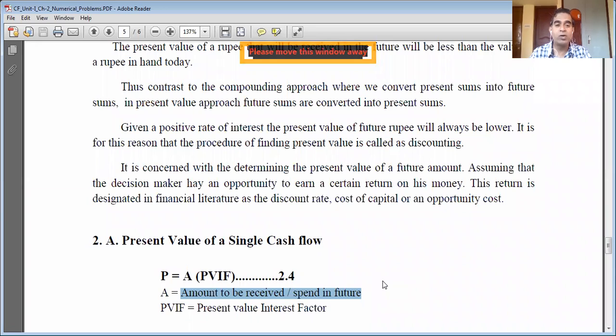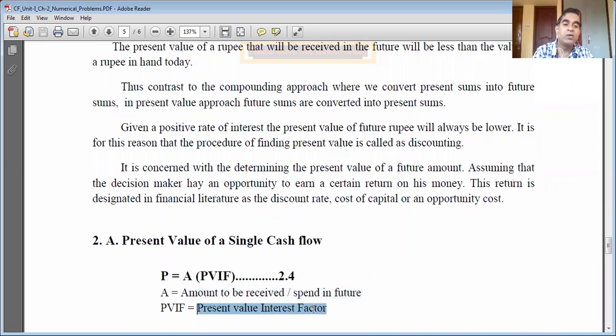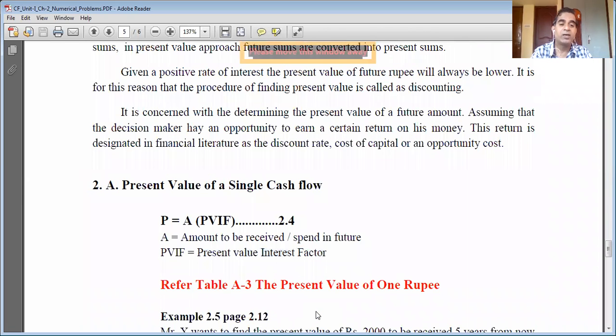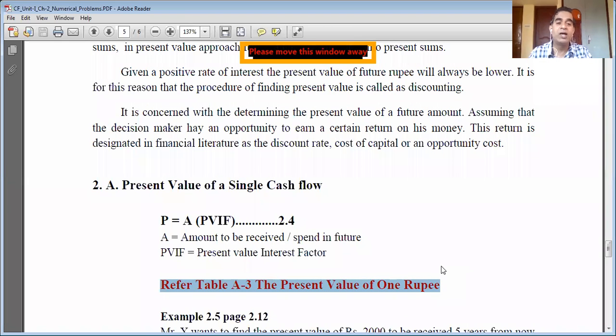I already told you, we need to convert this amount to its present value. PVIF is the present value interest factor, which we are going to obtain from table number 3. We need to refer to table A3, the present value of 1 rupee, for PVIF, or present value interest factor.